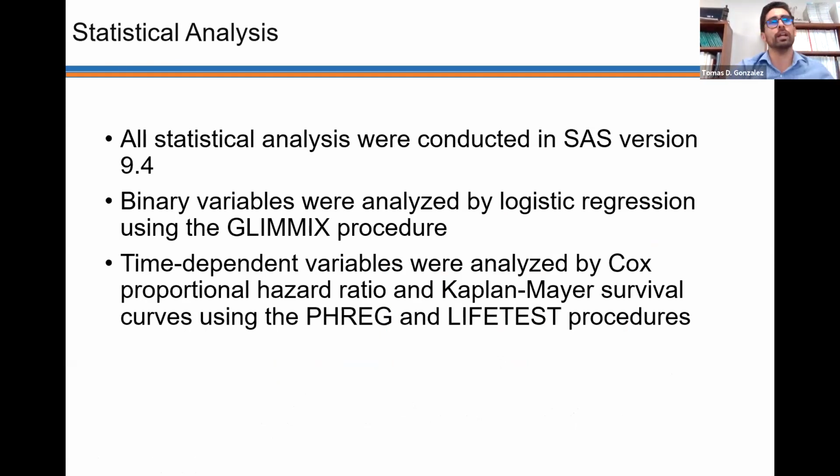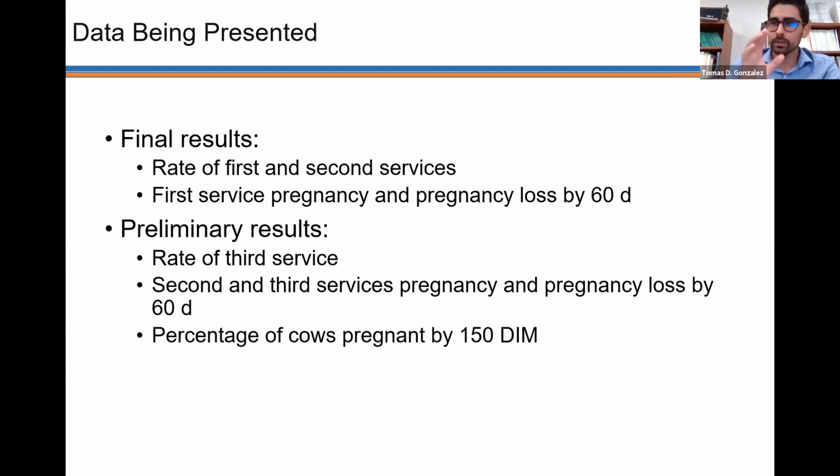Now, the results. For our analysis, we used SAS 9.4. For the binary variables, we used logistic regression using the MIXED procedures. For the time-dependent variables, we analyzed with Cox proportional hazard ratio and Kaplan-Meier survival curves using the PHREG and LIFETEST procedures.